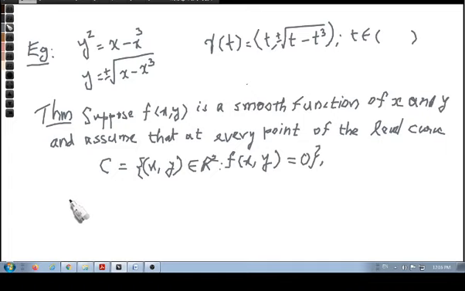We have del f. What is del f? It is called the gradient of f. It is defined as the vector dou f by dou x, comma dou f by dou y.